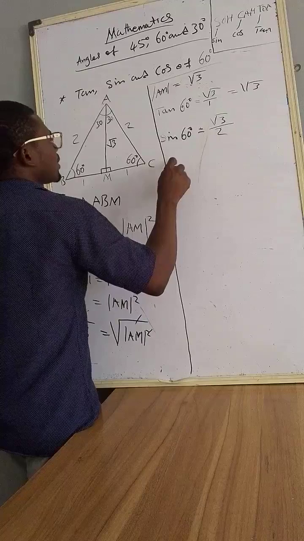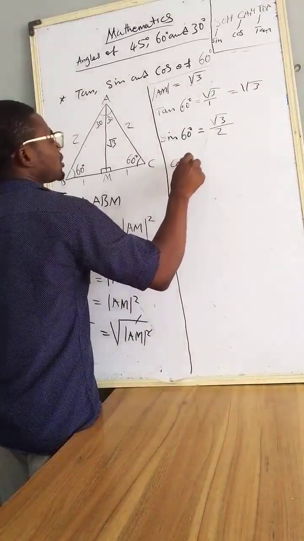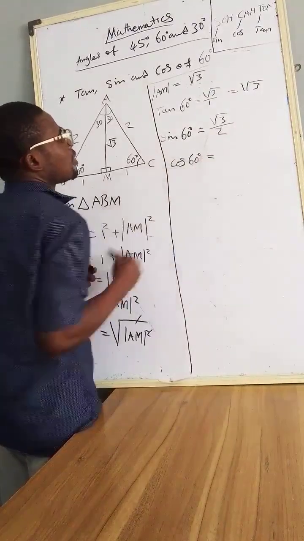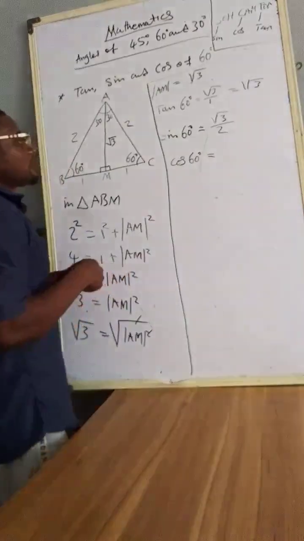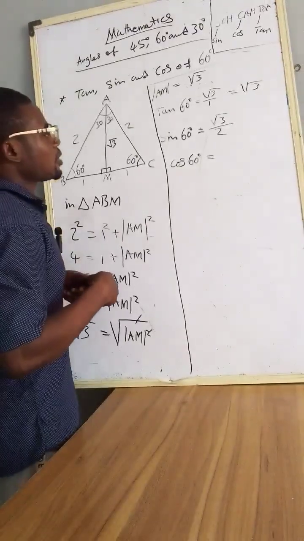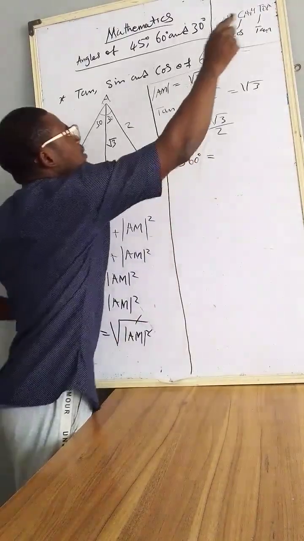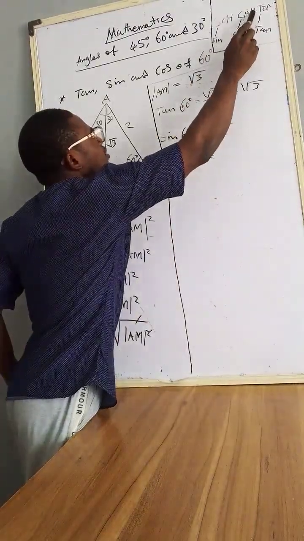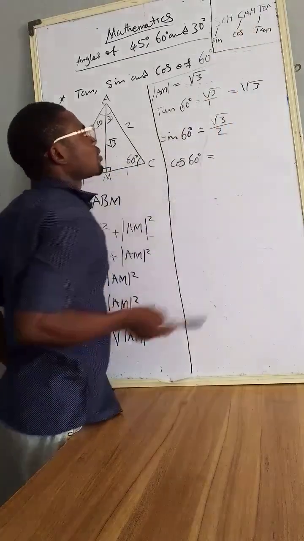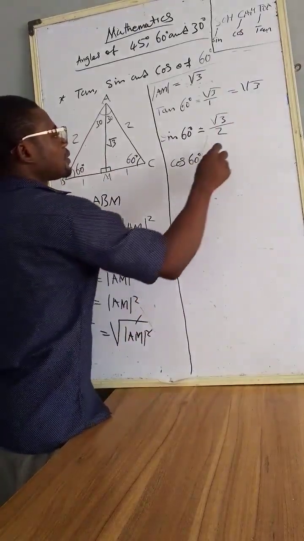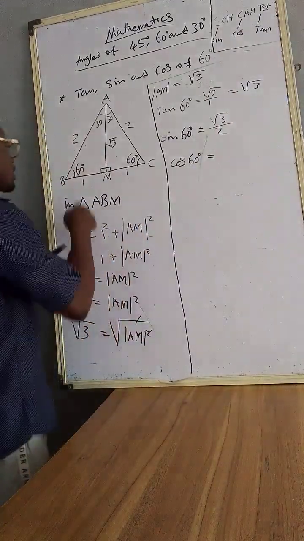For sine 60, root 3 over 2. Now for cos 60 degrees, since cos is adjacent over the hypotenuse, what's the adjacent side of 60?